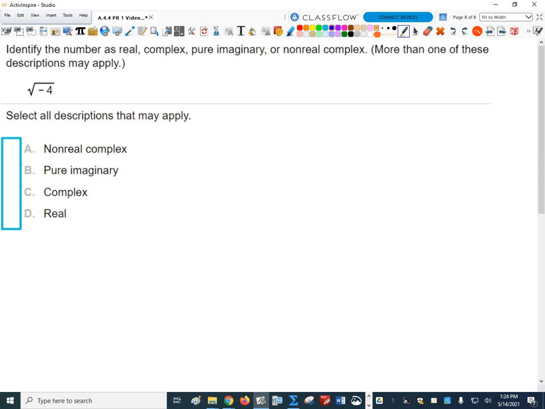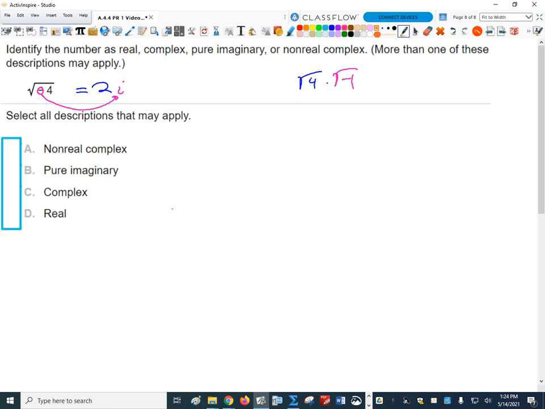Good. 2i. And the reason for that is because we could rewrite the square root of -4 as the square root of +4 times the square root of -1, right? The square root of +4 is 2, and the square root of -1 gives me an i.